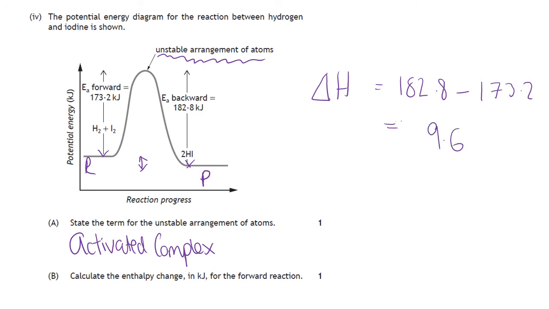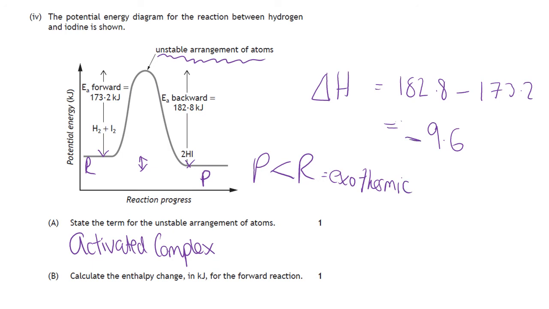And we do need to think about, does it have a negative sign or does it have a positive sign? Well, our products are lower than our reactants, so this is exothermic. So we need a negative sign to show that.